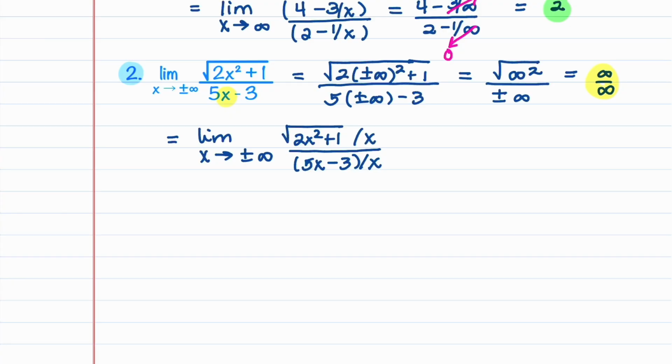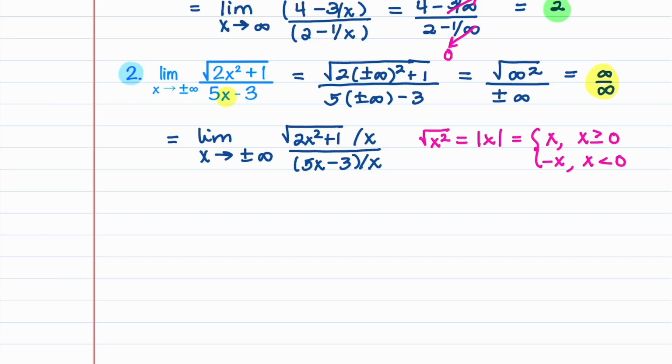To figure out how to do this, let's look at the definition of the square root of x squared. You may or may not have seen this before. The square root of x squared is defined to be the absolute value of x, and we know absolute value of x is x when x is greater than or equal to 0, or minus x when x is less than 0.